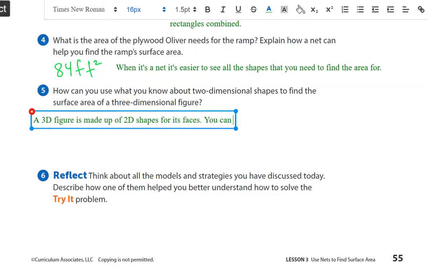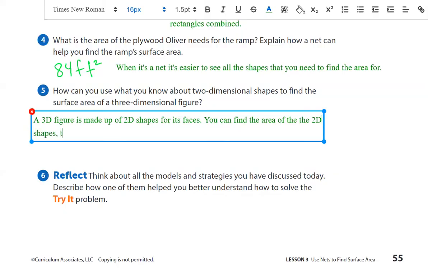You can find the area of the 2D shapes, then add them together to find the surface area of a 3D shape. Okay.